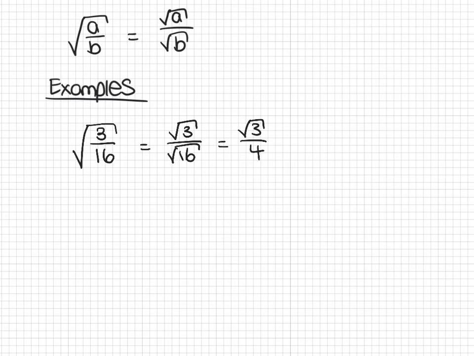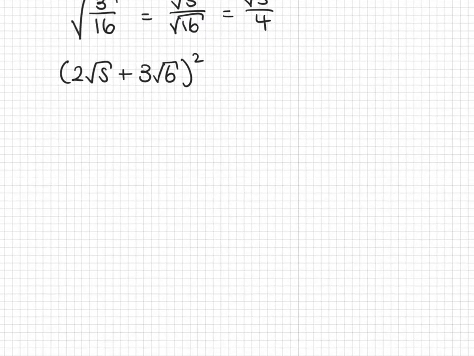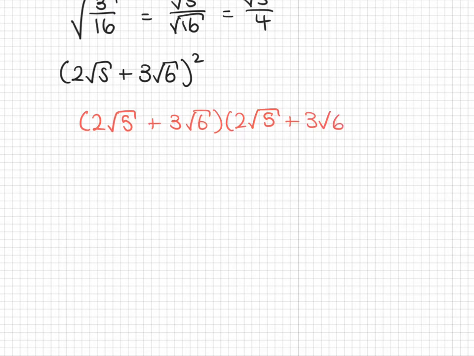If I wanted to find something like 2 root 5 plus 3 root 6 all squared, remember that squaring means I'm timesing it by itself. So 2 root 5 plus 3 root 6 times 2 root 5 plus 3 root 6.